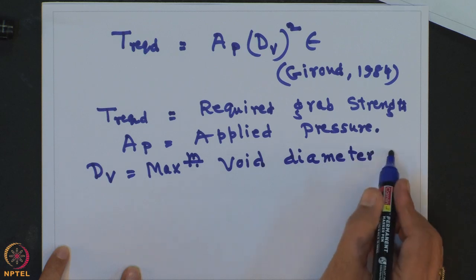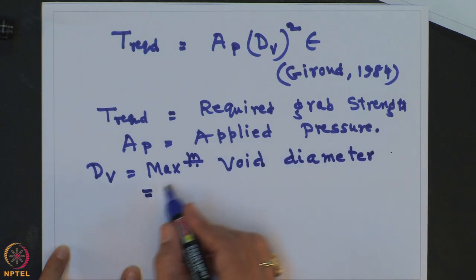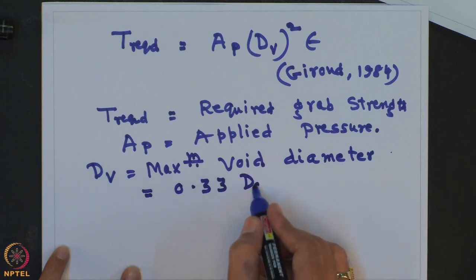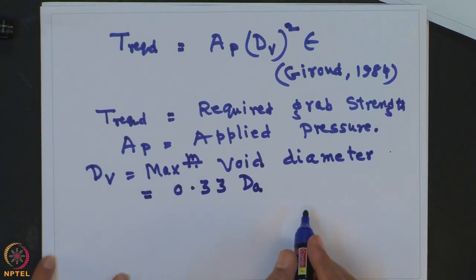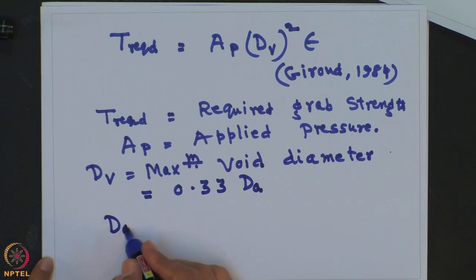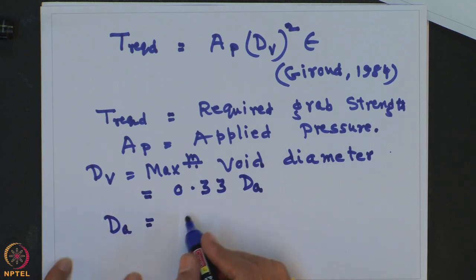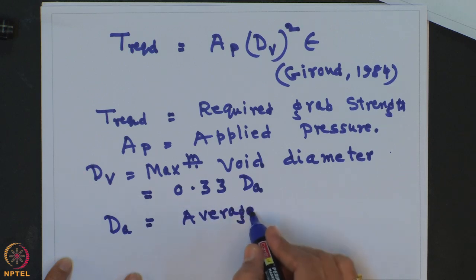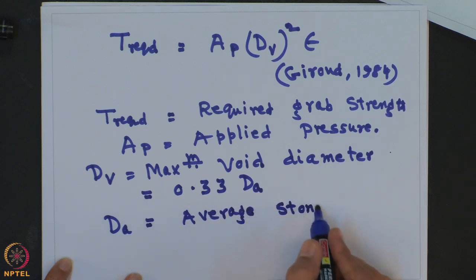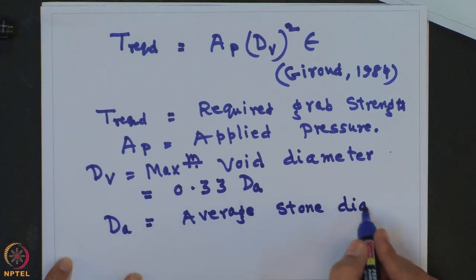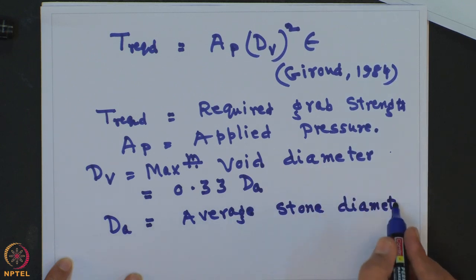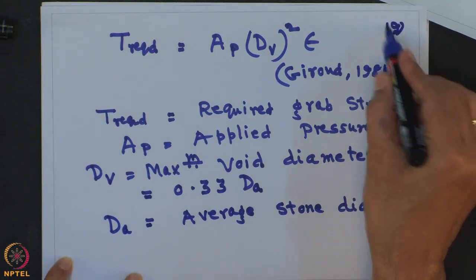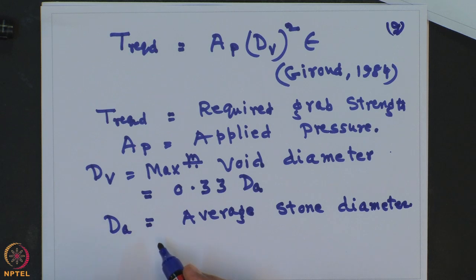So, this will be equal to 0.33 times dA, where dA is equal to average stone diameter.